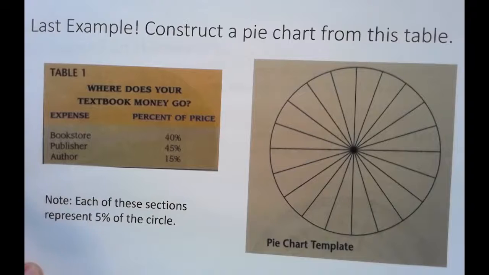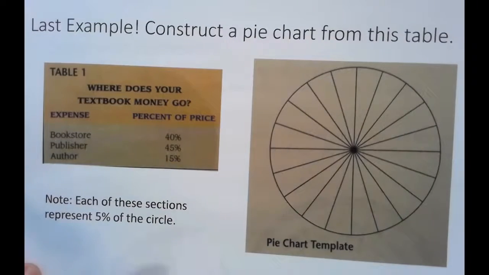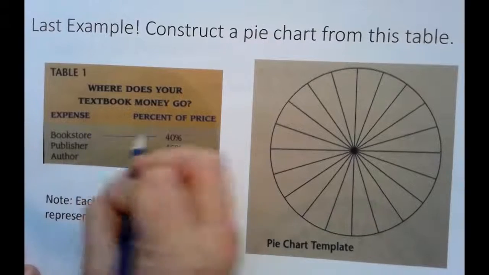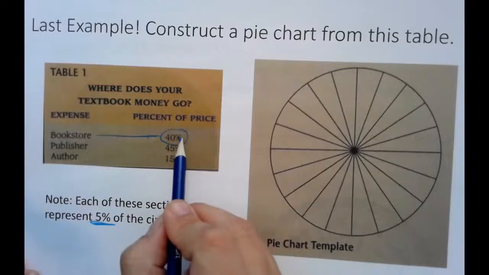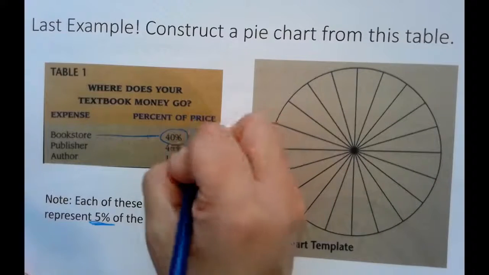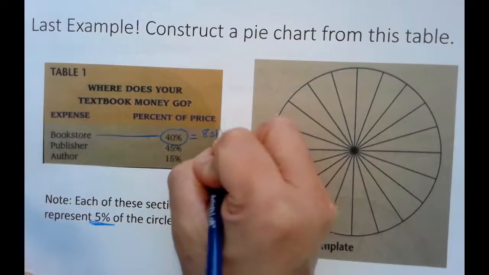Let's go ahead and choose a color for each. I'll have blue and green and red. So bookstore will be blue, and that's 40%. But each one of these is 5%. So what times 5 is going to give me 40? You can use division. That's just going to be 8 slices, right?